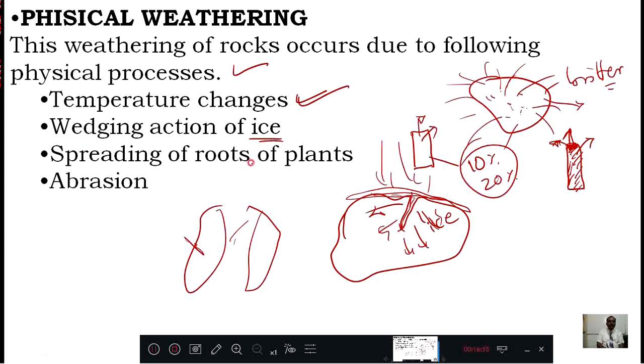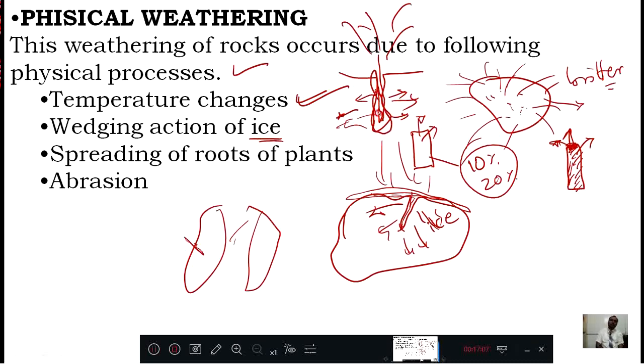Then, spreading of roots of plants. This is also a very major thing. Roots are very smooth, but still they are strong enough to break rocks. Consider this is a rock, and there is some gap here. If some plant grows here, its root wants to expand, and because the rock is there, it will still expand its volume and break the rock.